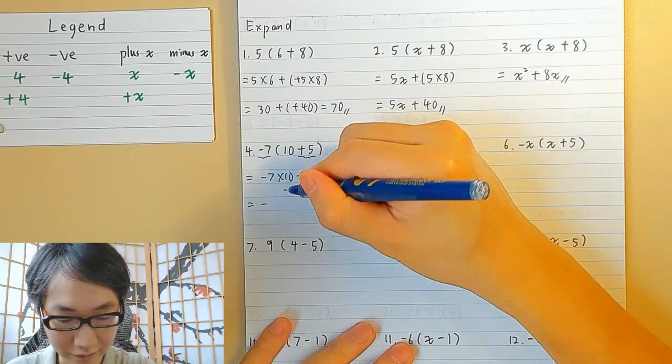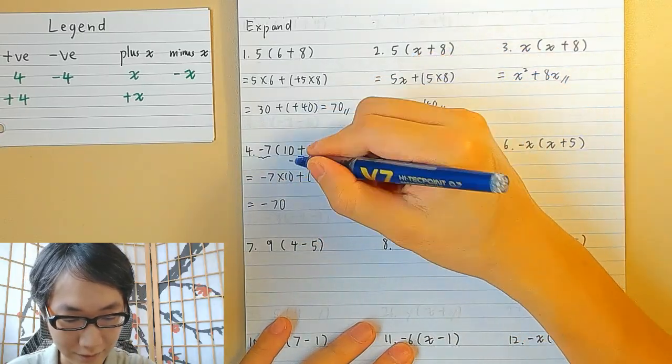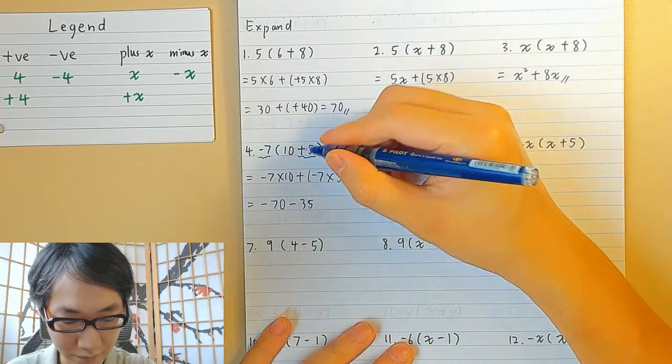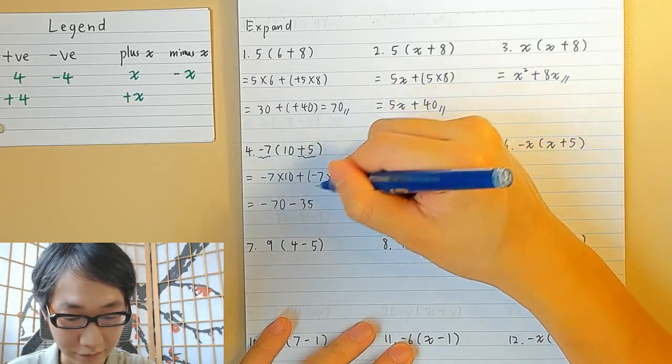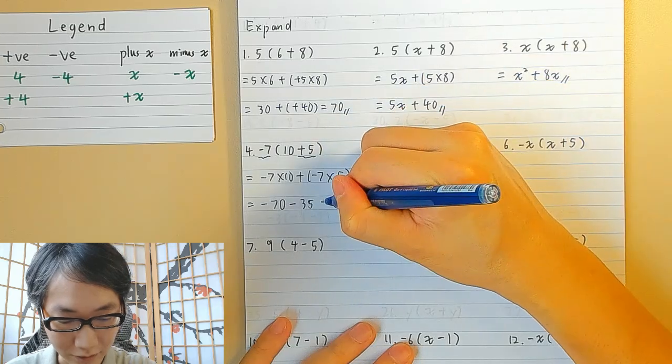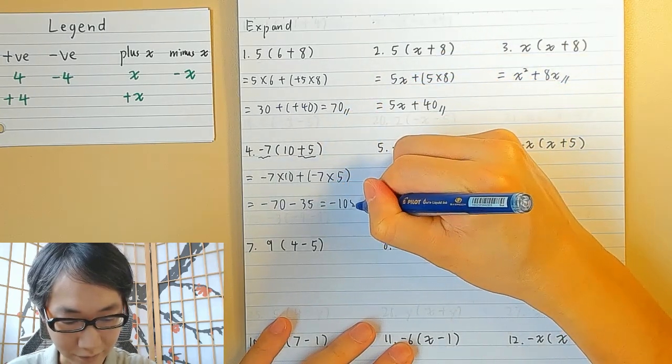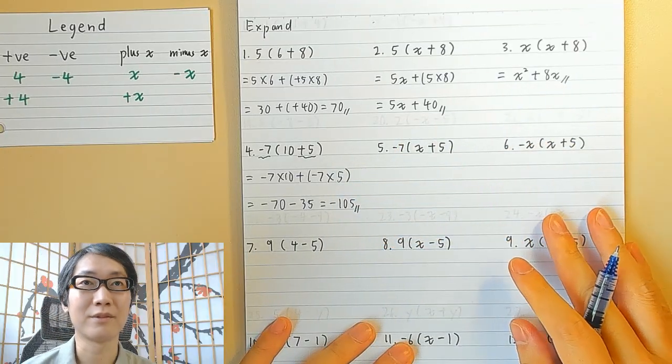And we have negative 17, minus 35, or plus negative 35. So we have negative 105.